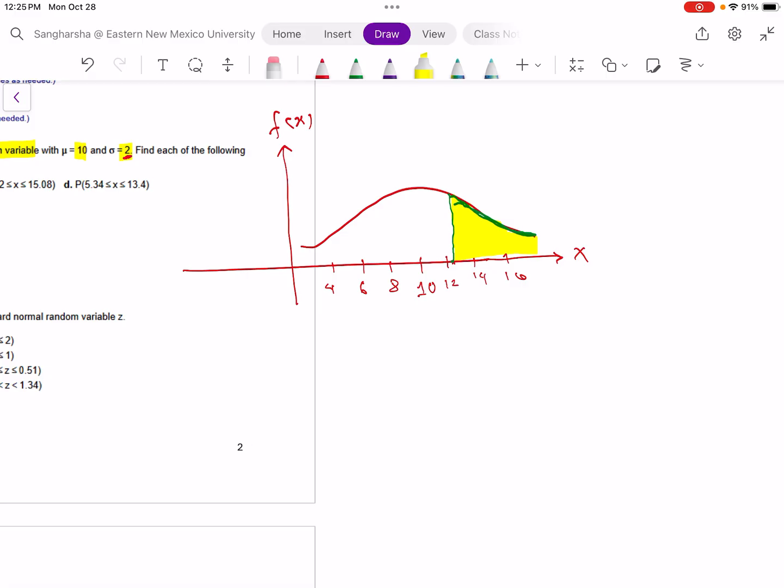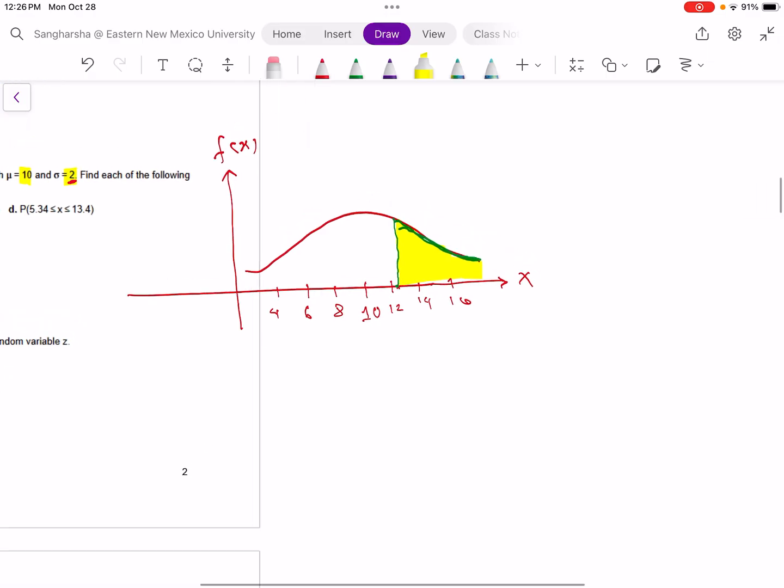Sampling distribution? No, it should be standard normal distribution. If you are given a standard normal distribution, then only you can use a Z table. And if you are given a normal probability distribution, we can always convert this into a standard normal distribution.